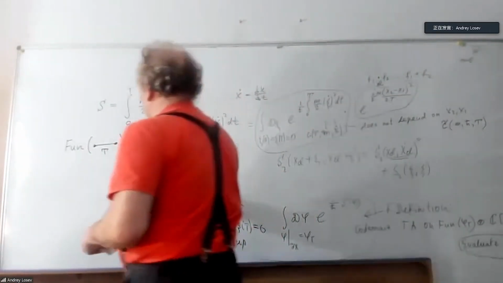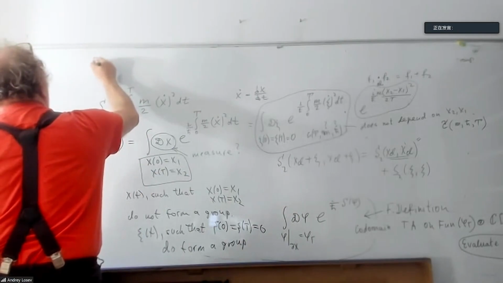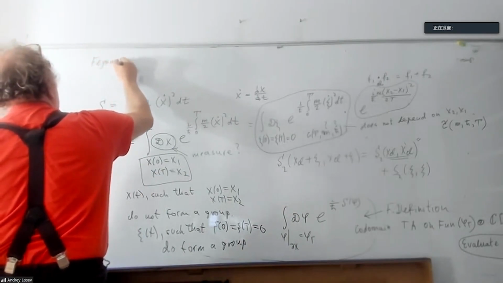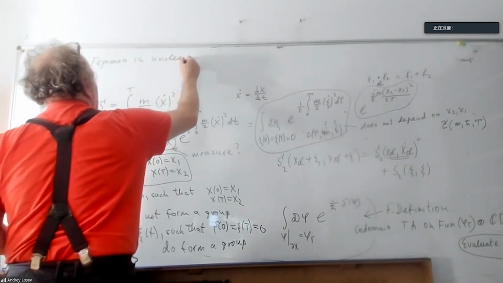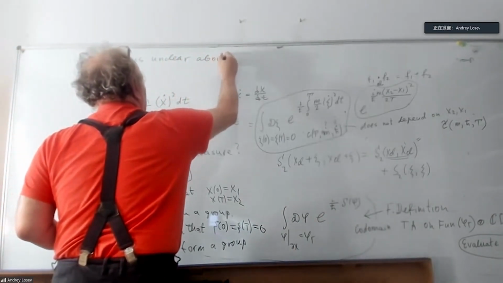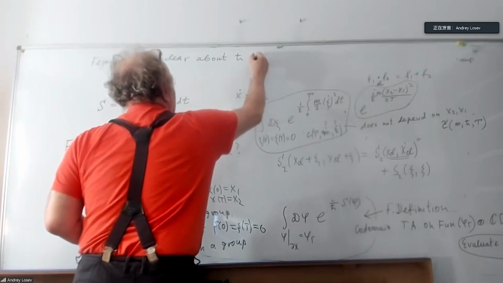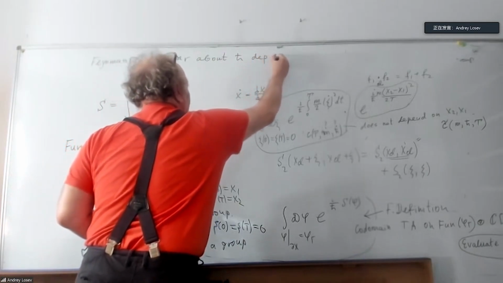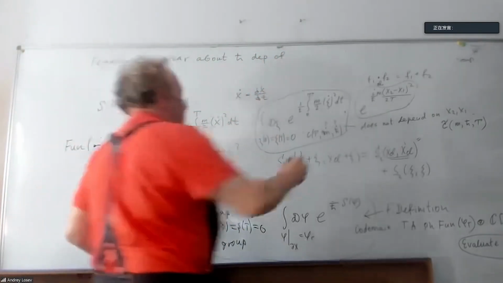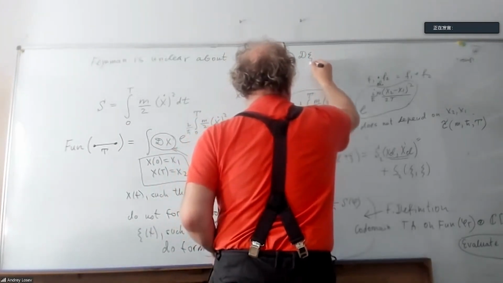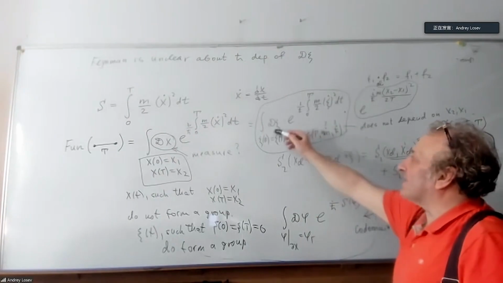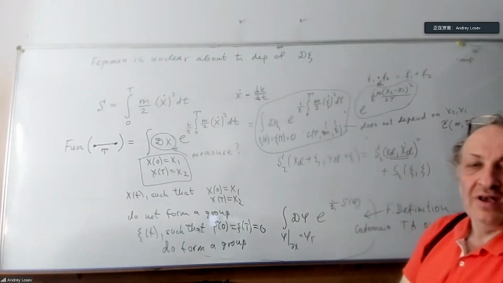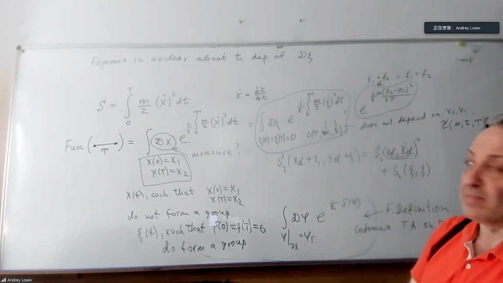I will put it like this. Feynman is unclear about H dependence of big psi. If you write it like this, it looks that there should be no H bar dependence.